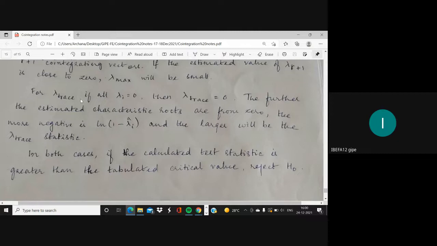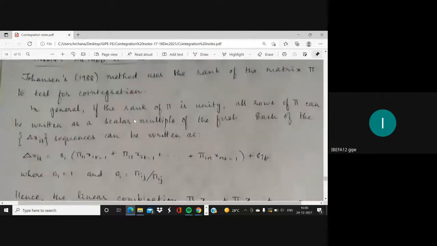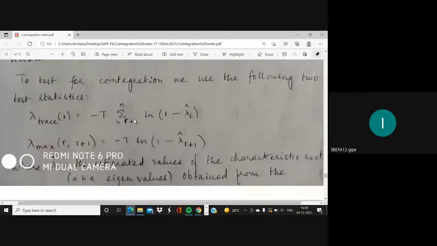Now for lambda trace, if all the lambda are 0, then lambda trace is equal to 0. Then the further the estimated characteristic roots are from 0, the more negative is ln 1 minus lambda i hat. Since lambda is supposed to lie between 0 and 1, as I was telling you all earlier, if the characteristic roots are non-zero, this value will be some small number, and because of the minus sign it will be negative.